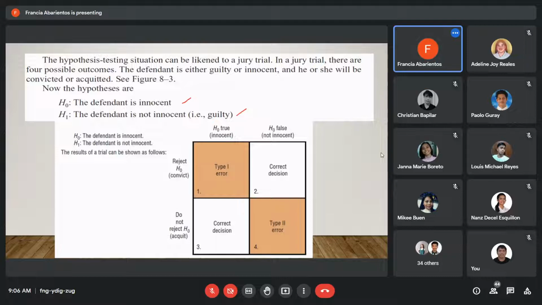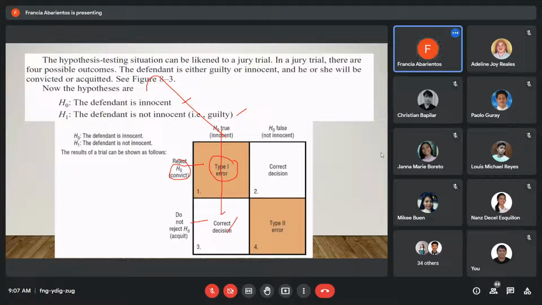So, the correct decision here, class: if the defendant is innocent, actually, and you do not reject the H0, automatically you fall under the correct decision. While if you reject the H0, he is automatically convicted, where in fact the truth is he is innocent, so you committed a type 1 error.